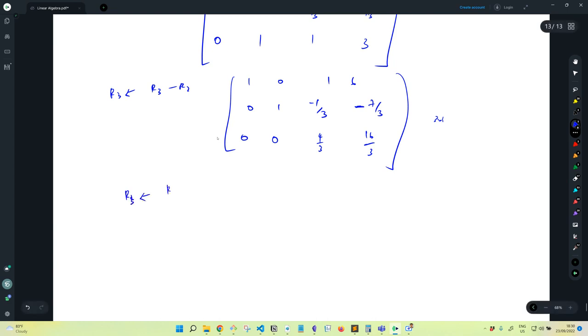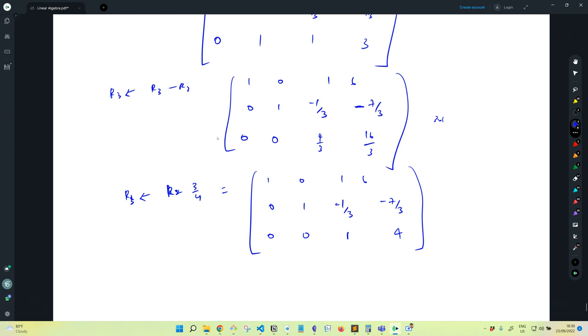Now I need to make this entry 1. So R3 equals R3 into 3 by 4. This will give me 1, 0, 1, 6, 0, 1, minus 1 by 3, minus 7 by 3, 0, 0, 1 (4 by 3 into 3 by 4 will be 1), and 16 by 3 into 3 by 4 will be 4.